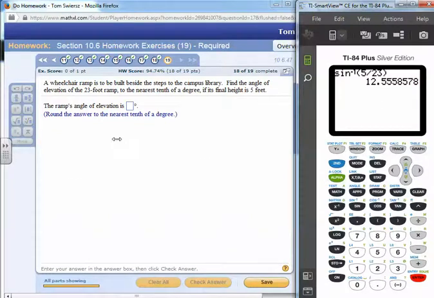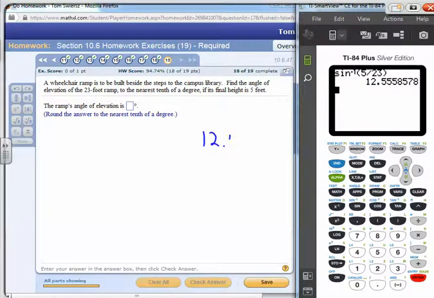Now be careful. Rounded to the nearest tenth. We've been rounding to the nearest one for a lot of them. So the hundredths digit is a 5, so we would add 1, right? So we'd round up to 12.6 degrees. They already have the degrees in there, so we can simply put in 12.6.